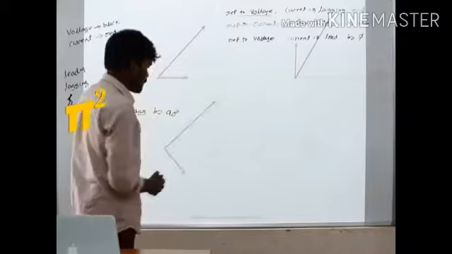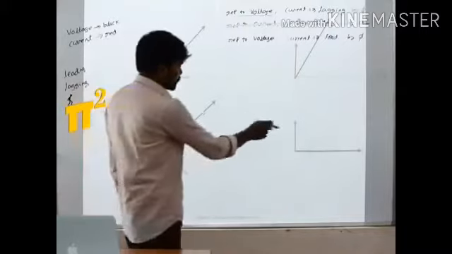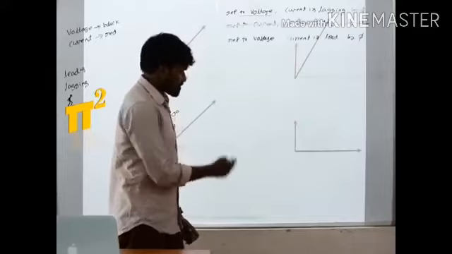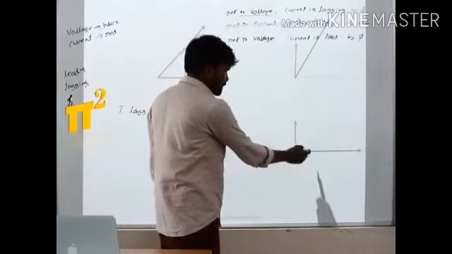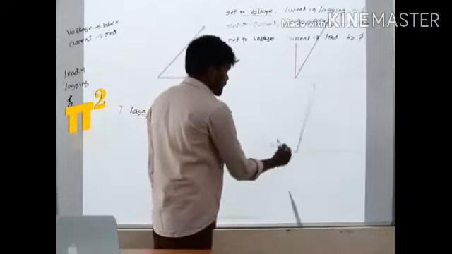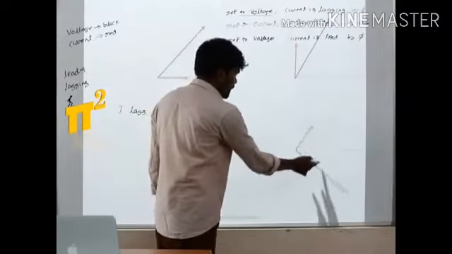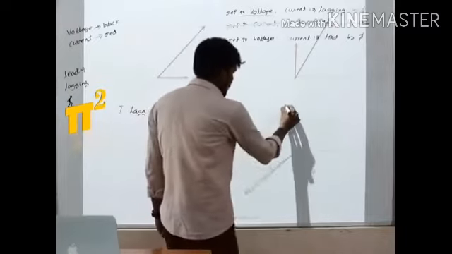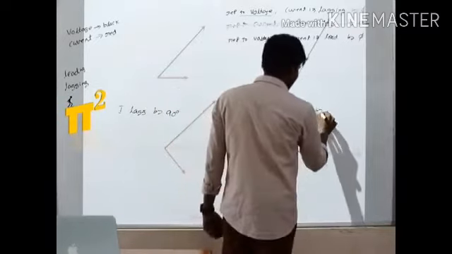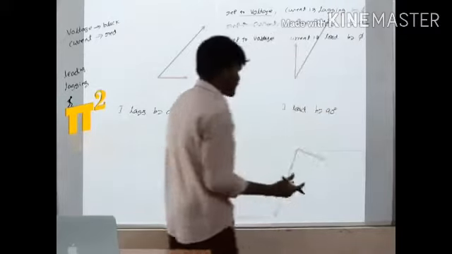So let's take another. So here, tell me now. Yes, current is leading. Let's see. First current comes to the reference, then voltage. First current is coming, then voltage is coming. So first current is coming, so current is leading. The one going ahead is the one leading. Leading. Simple.